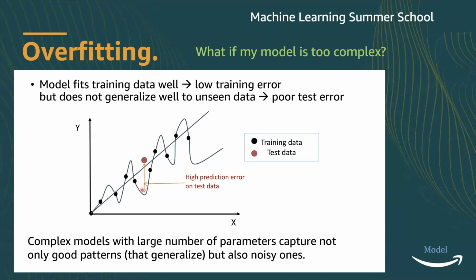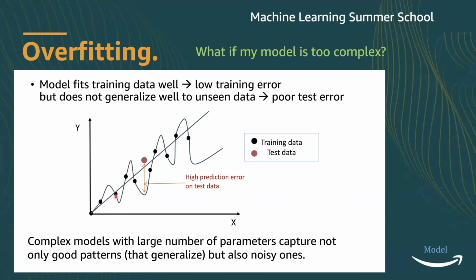Well, here it turns out that the high dimensional polynomial that we are fitting, which has zero training error, because if you apply this high dimensional polynomial function to any of the black dot points that are part of the training data, it will make zero error.